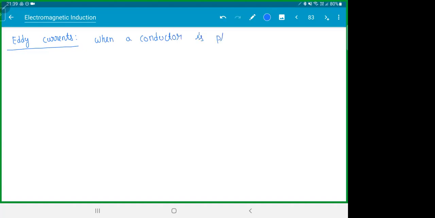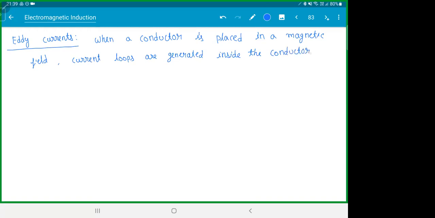When a conductor is placed in a magnetic field, current loops are generated inside the conductor. This is one of the major problems in all motors, dynamos, any electric motor you take.